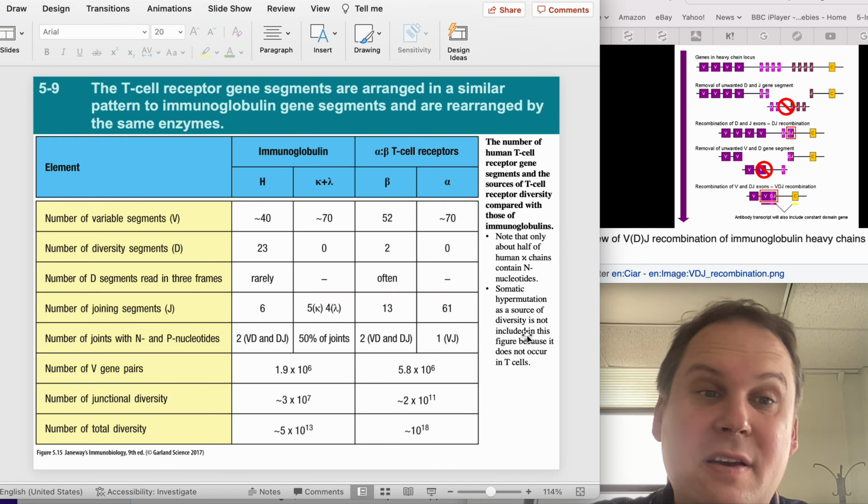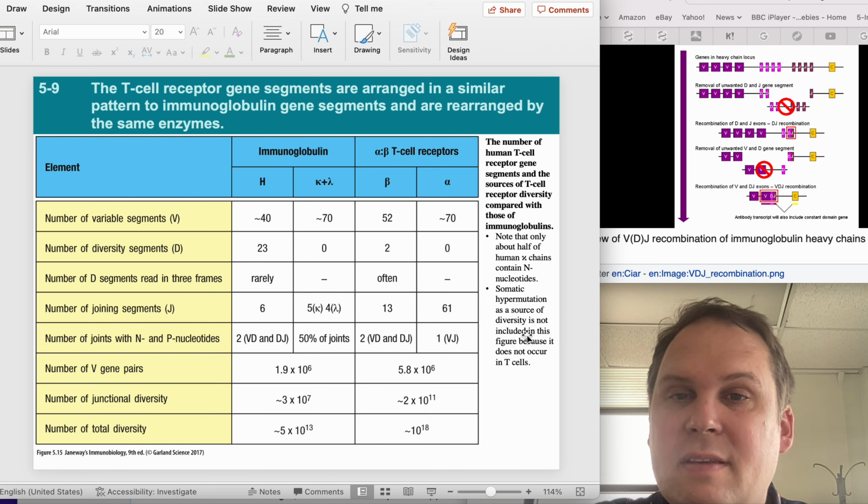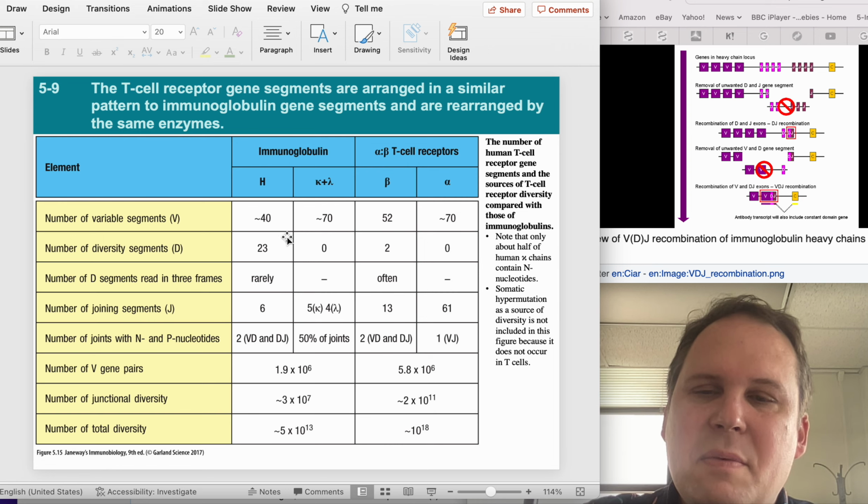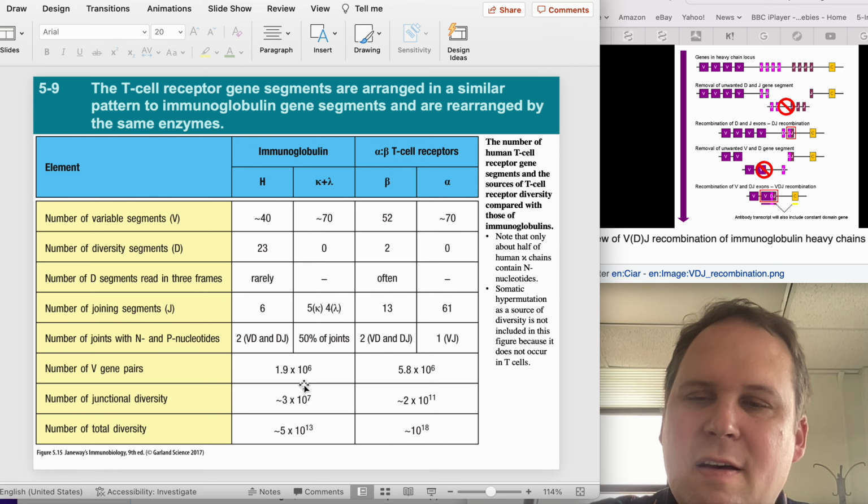Okay, fine. So if we're talking T cells, between your alpha betas and your different immunoglobulin types, heavy and light chains, here we go. This is the total number of pairs.